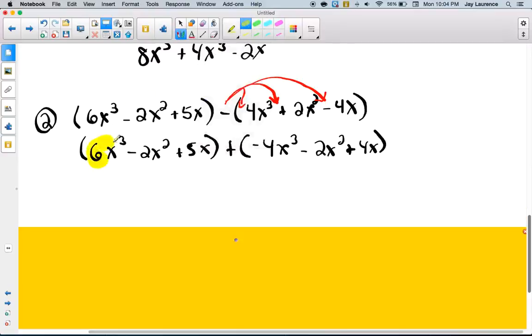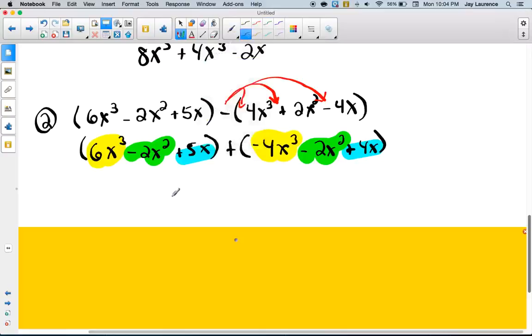So I've got x cubed terms. Oop, there's some more x cubed terms, aren't there? And then I've got some x squared terms. Notice I'm grabbing the signs with them, and some x squared terms right there. And then I have some x terms. And over here I have some x terms. So I'm just going to combine them together.